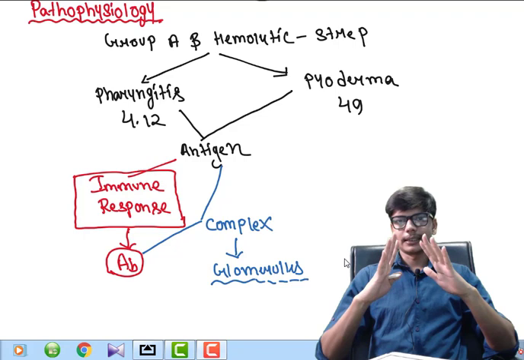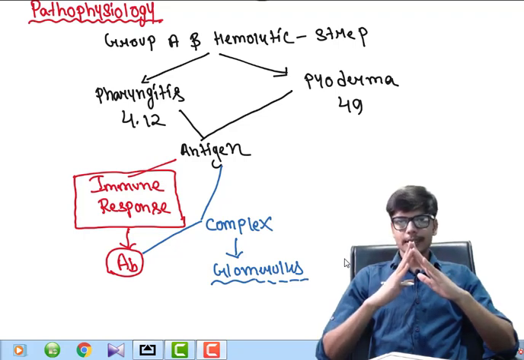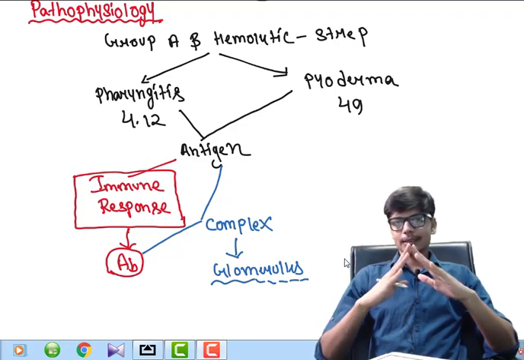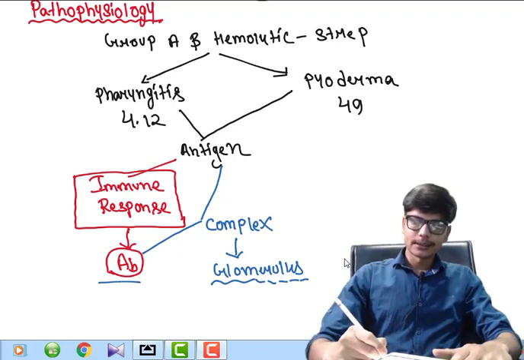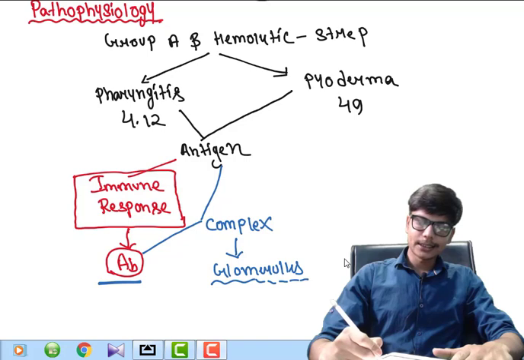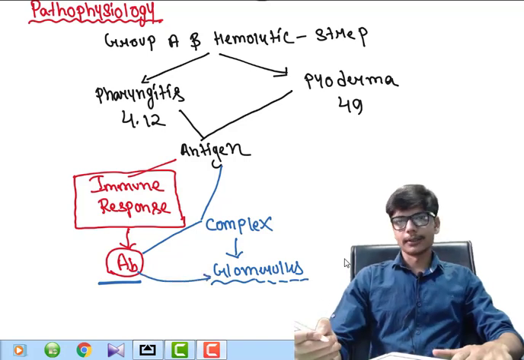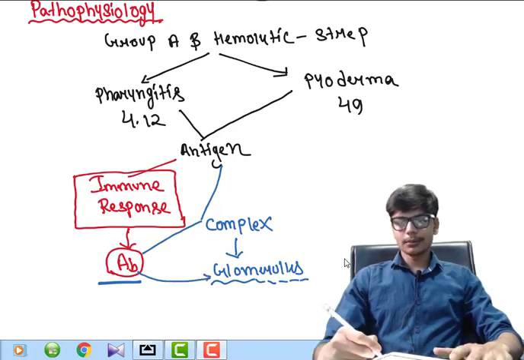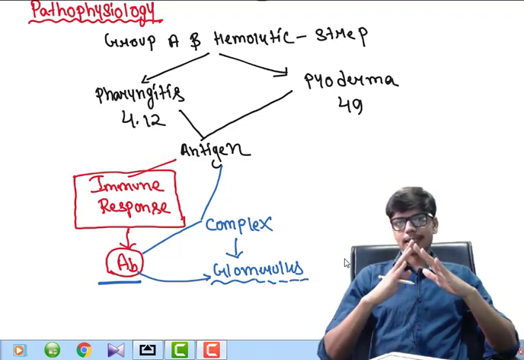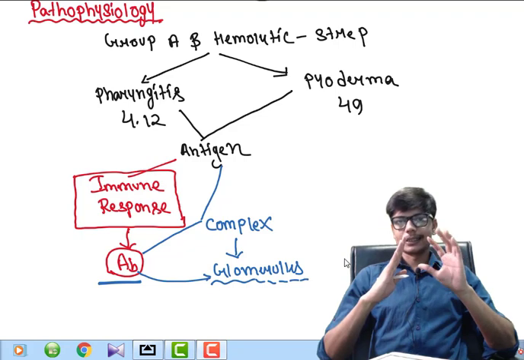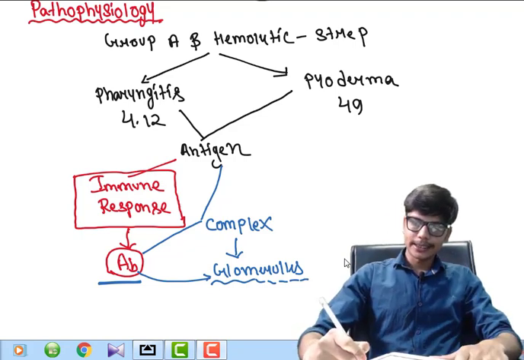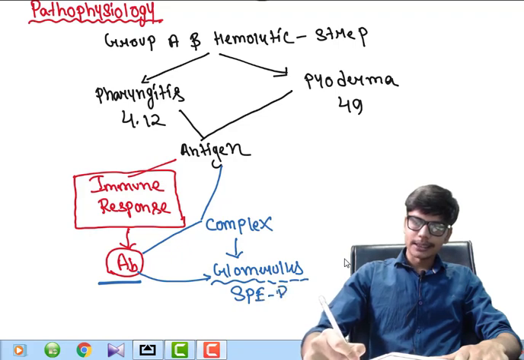So in this way, the antigen and antibody combine with each other and are deposited on the glomerulus. This is one mechanism which can lead to glomerular damage. The other mechanism is that the antibody can directly go and destroy the glomerulus. This is because the antibody produced in response to the streptococcal antigen mimics the glomerular antigen; the glomerulus contains a protein known as SPEB protein and M protein.